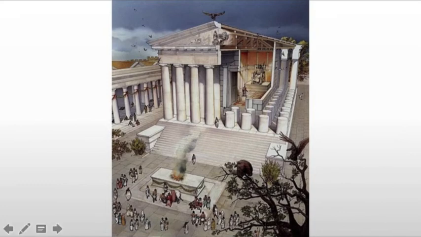Inside, there's usually a massive sculpture, which we see back here, which is a cult statue. And this is the statue of the god that's being worshipped at that temple. And these temples should be understood as gifts to the god, not houses for the god. The god is not understood to exist in this temple. This temple is an offering, so it's a very different idea than our current idea of churches.